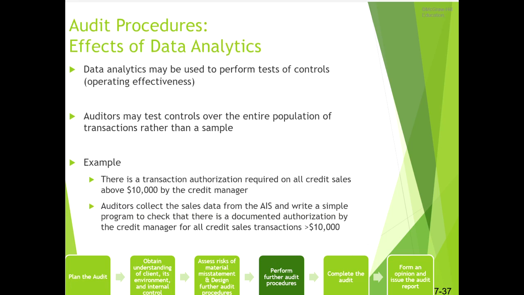Okay, so one of the tools at our disposal is using data analytics. And so we can use it to perform control testing. And so there we'd be looking for operating effectiveness of the controls. Obviously, we're not using analytics to evaluate the design, we're just using them to evaluate operating effectiveness. And the big advantage is that we're now testing populations rather than a sample.